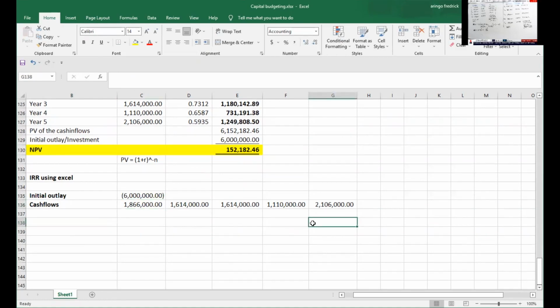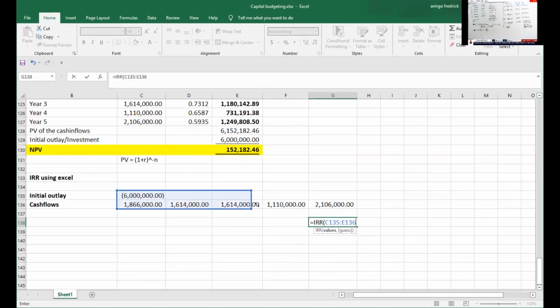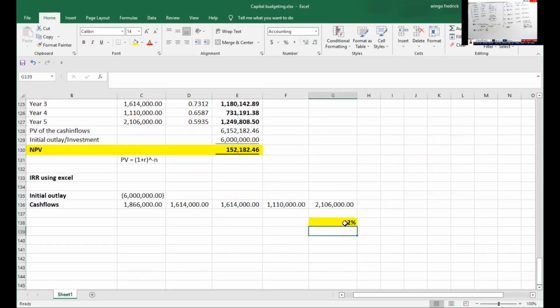So I'm just going to do equal sign, IRR. Take my values. So my values are going to start from here. Guess, I don't know what you normally try to guess, but basically we'll be taking our values, you don't want to guess, right? So these are the values that we had. I'm just going to have them at that point, then equal sign. So we can see that our IRR here is what? 12%. Exactly.